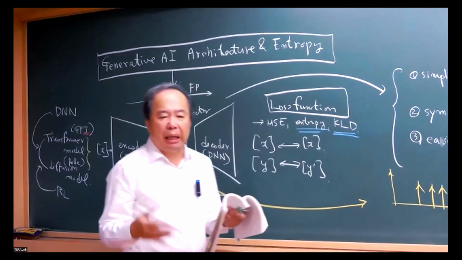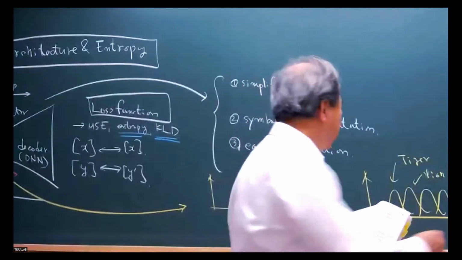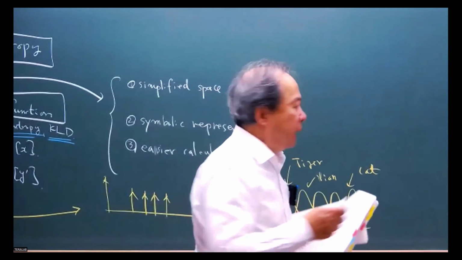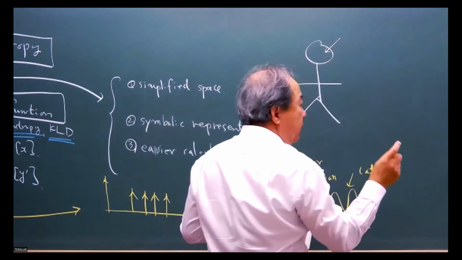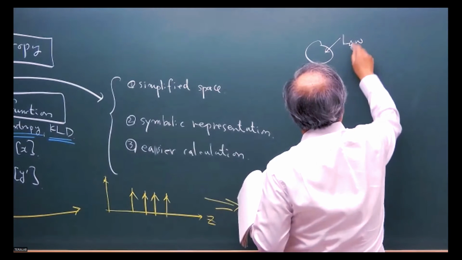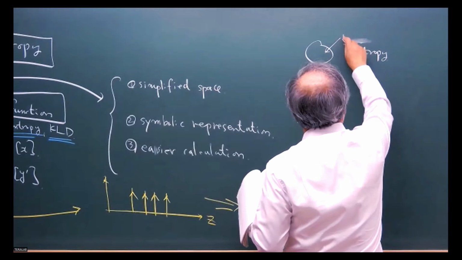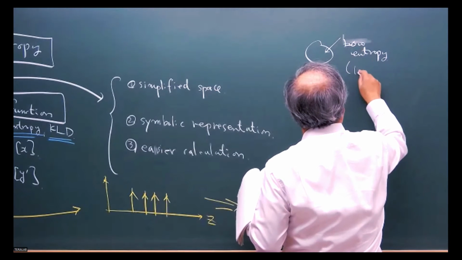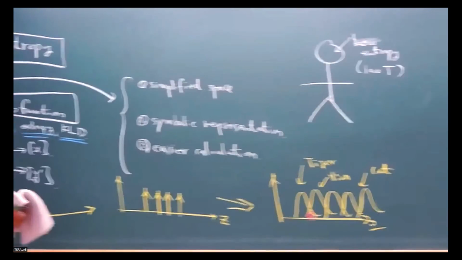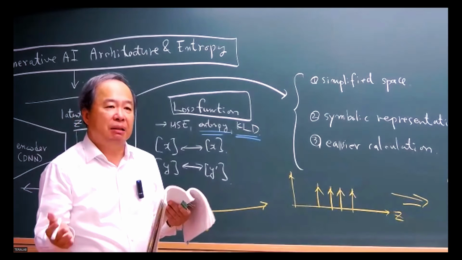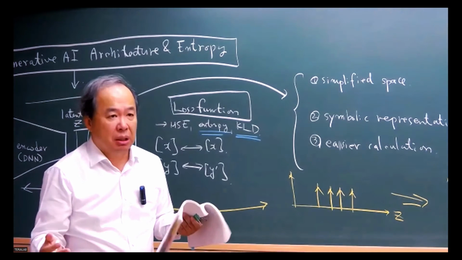I don't know why God likes low entropy. In myself, I have two different entropies. I have a brain that has low entropy, low temperature. My brain is a low entropy machine. I wanna make it clear, or I wanna make it efficient.